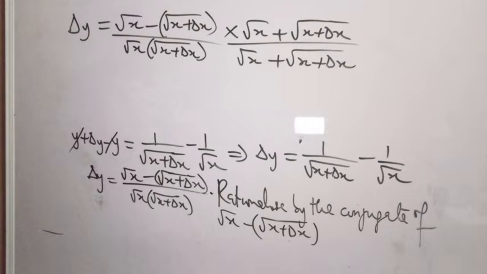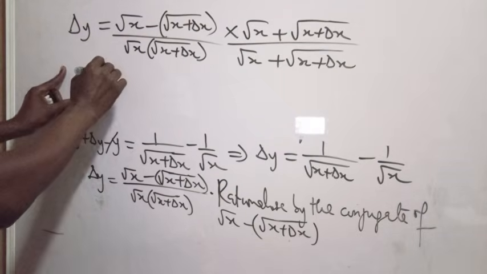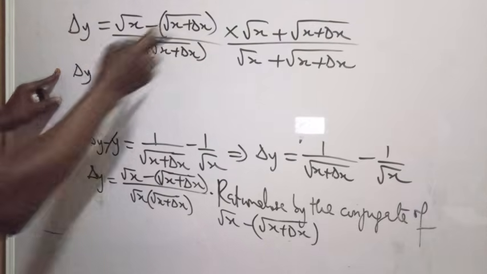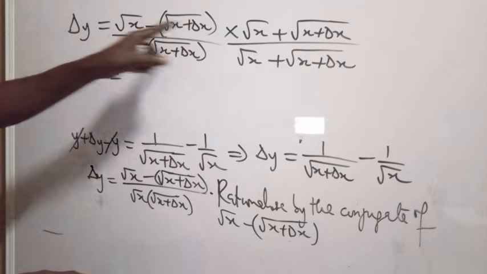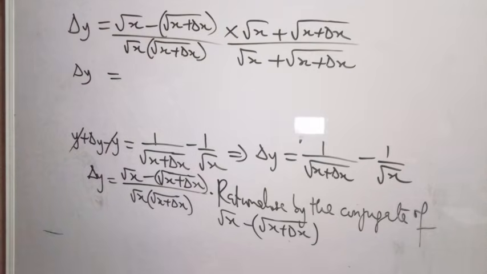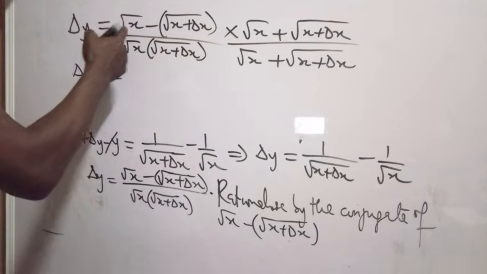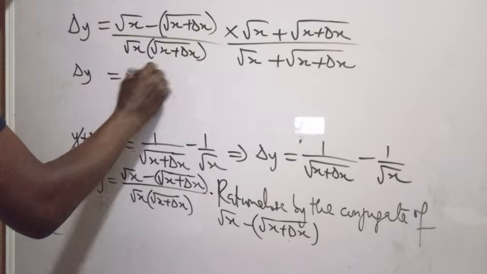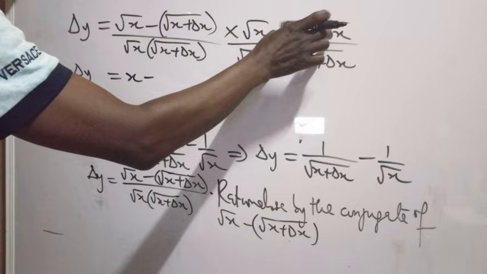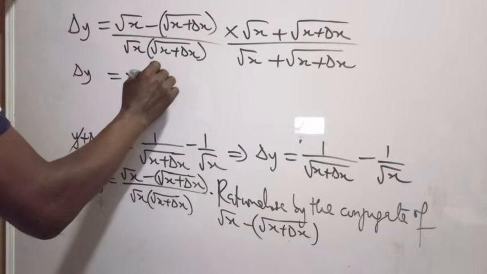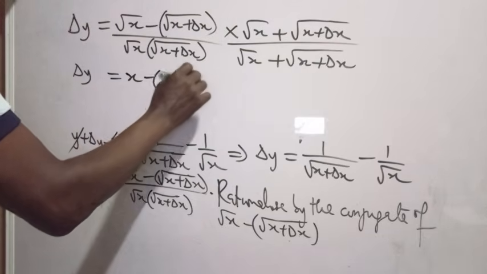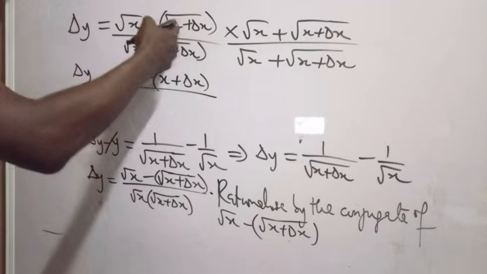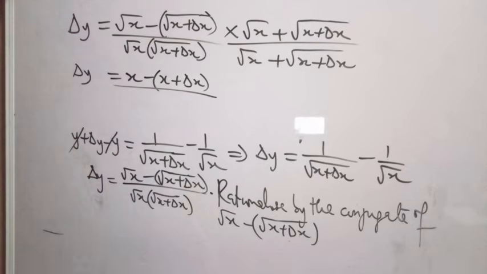Okay, so by the time we do that, what do we have? Without wasting our time, we have delta y now. You observe that the only difference is that this is minus, this is plus. So they are just like a difference of two squares. Root x times root x becomes x, minus times plus becomes minus, then x plus delta x. Root times root cancels, once what they have inside the root is the same.